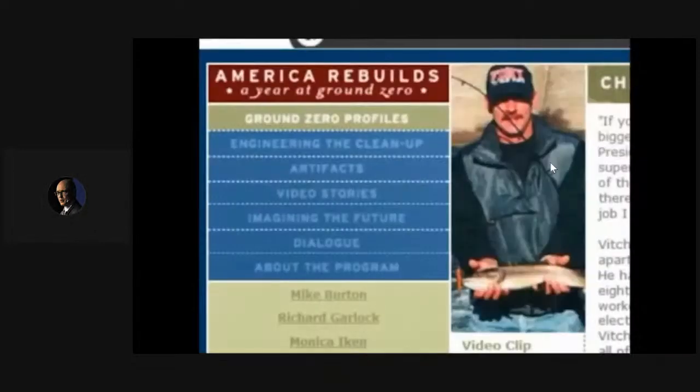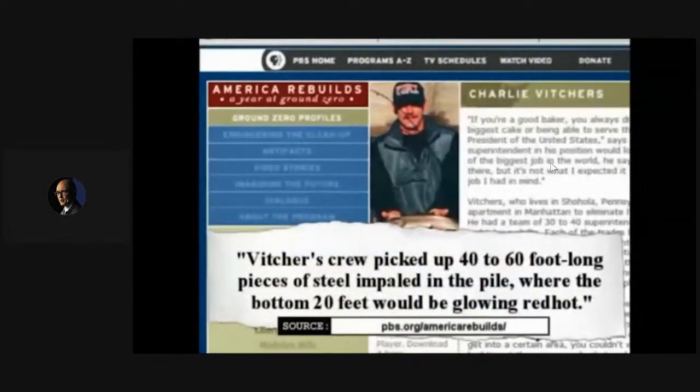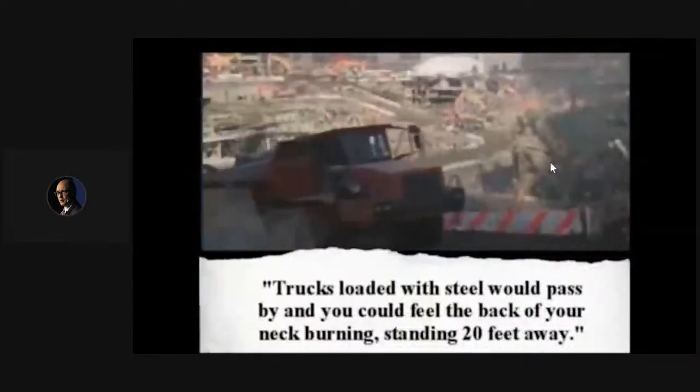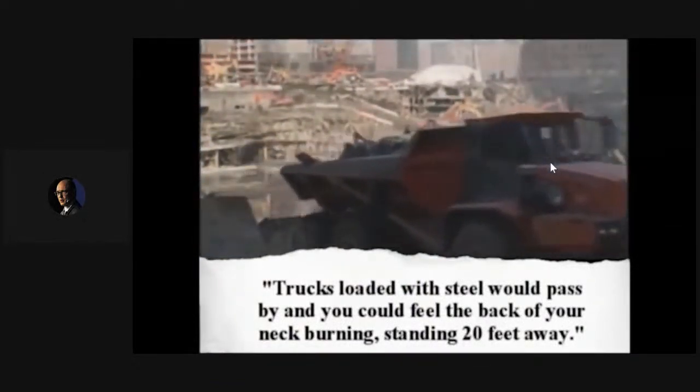I got there. Charlie Vichers was a supervisor of removal operations at Ground Zero. From PBS's America Rebuilds page, we read, Vichers' crew picked up 40 to 60 foot long pieces of steel impaled in the pile, where the bottom 20 feet would be glowing red hot. Vichers said, trucks loaded with steel would pass by and you could feel the back of your neck burning standing 20 feet away.